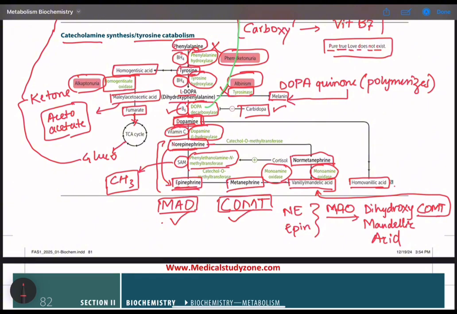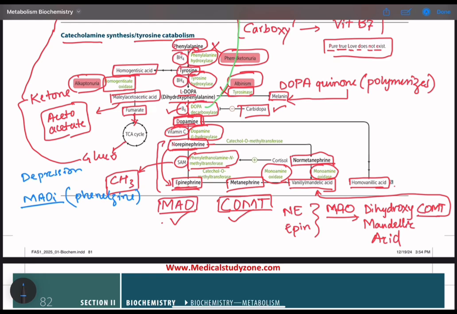Then we have other drugs like monoamine oxidase inhibitors as well as COMT inhibitors. First of all, the monoamine oxidase inhibitors are given in depression, like for instance phenelzine.